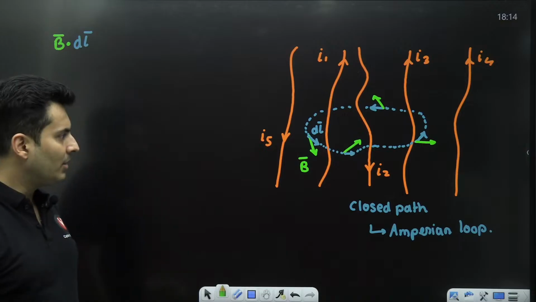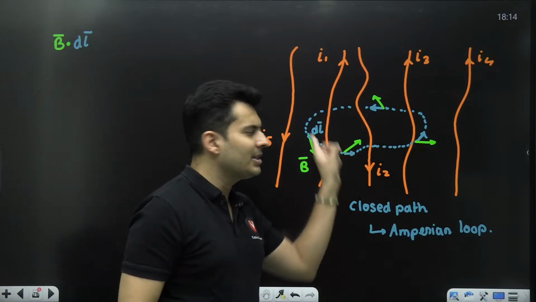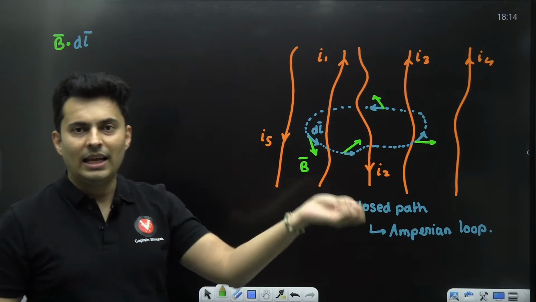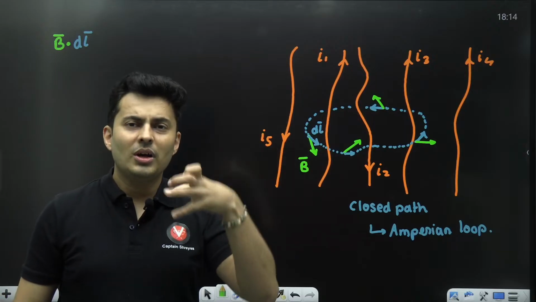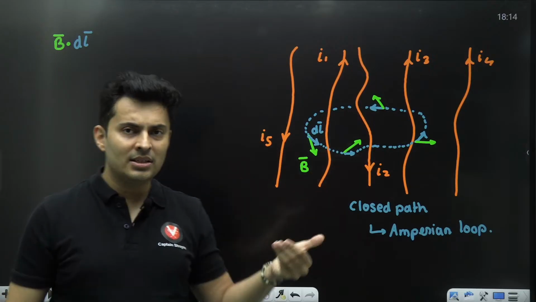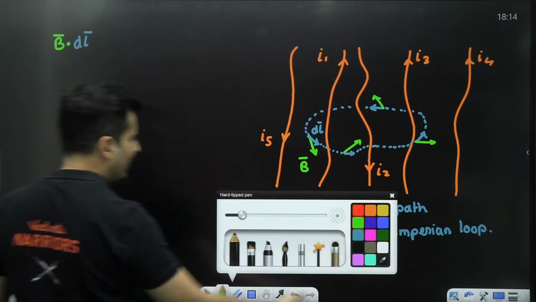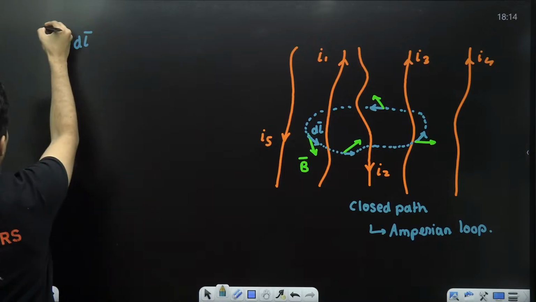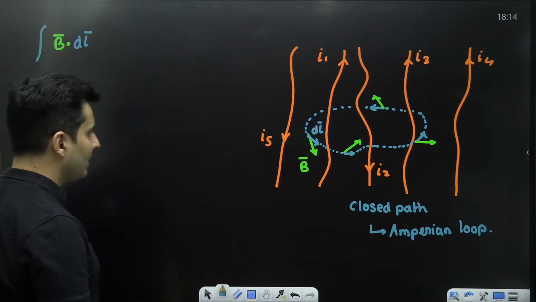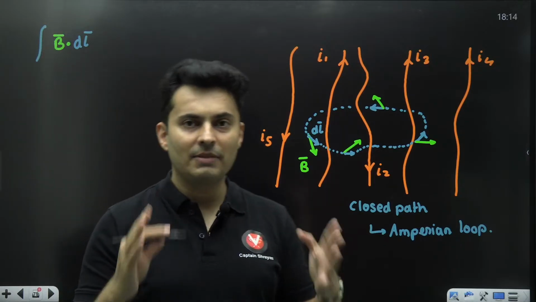And you add them up, because there will be many such points. In fact, a line is made of infinite points. So you're adding up infinite numbers, but each number is a very small value. Such a thing is nothing but called an integration. So summation is the same as integration. Summation and integration mean the same thing.